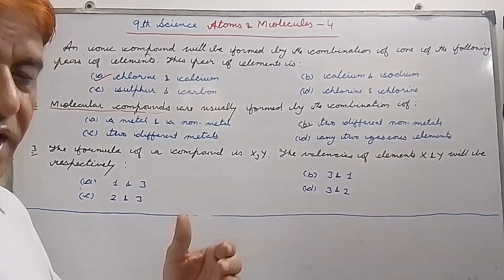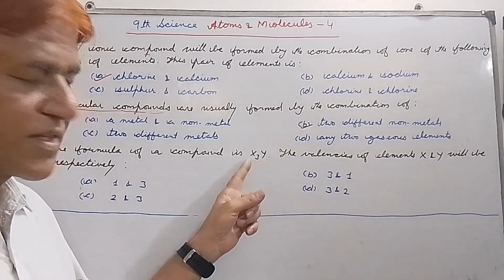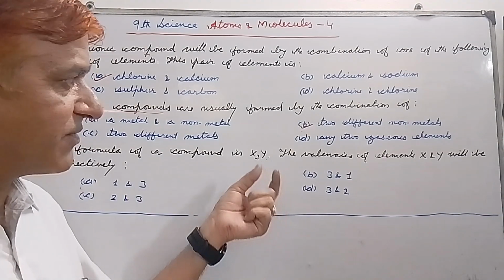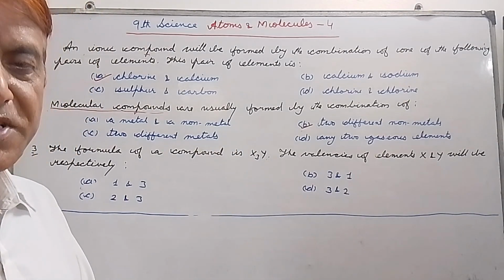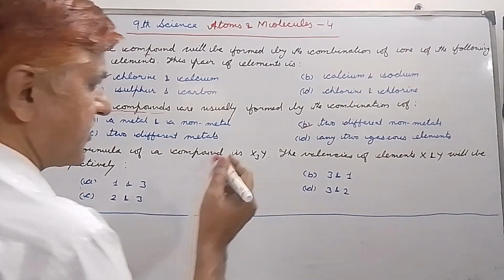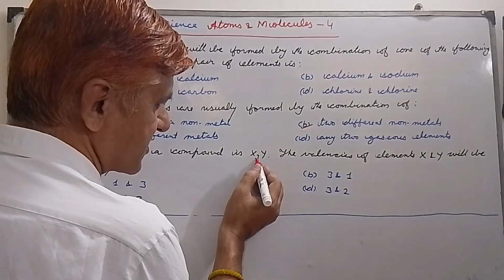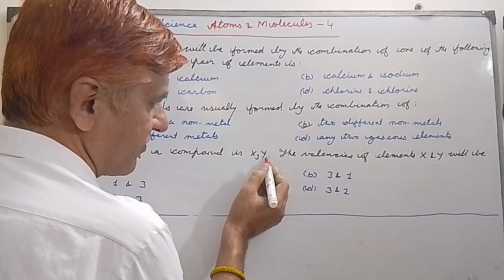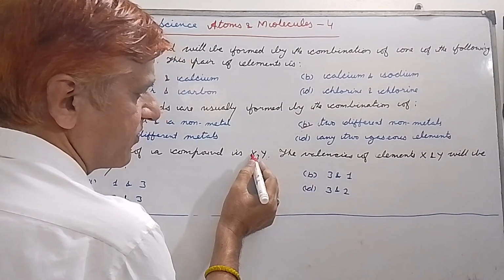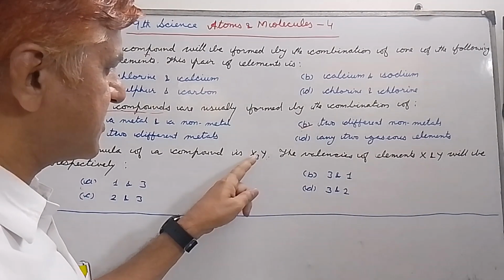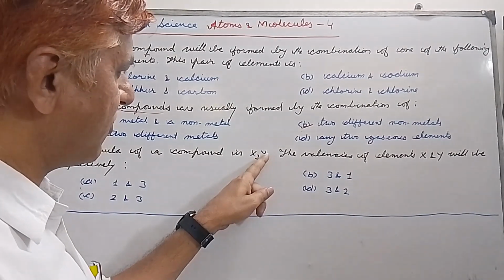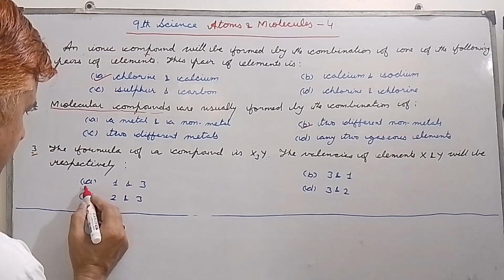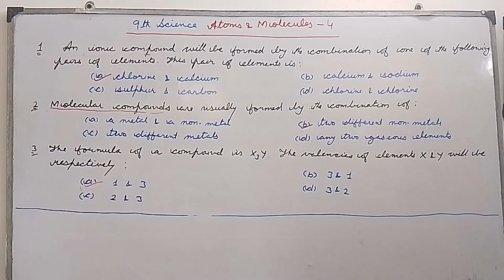So here also we will exchange the valencies of these two elements. Here the subscript of X is 3, so it will be the valency of Y, and the subscript of Y is 1, so that will be the valency of X. So valency of X is equal to 1 and valency of Y is equal to 3.